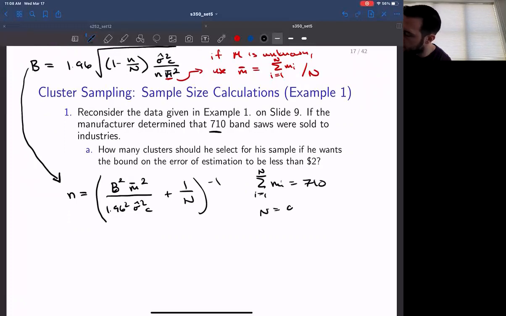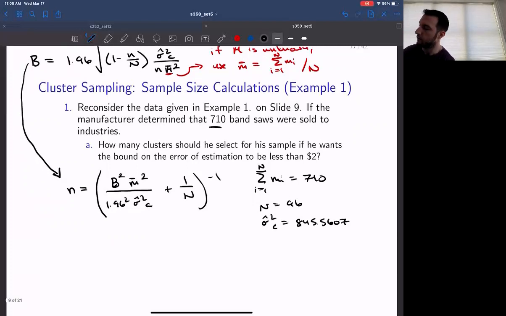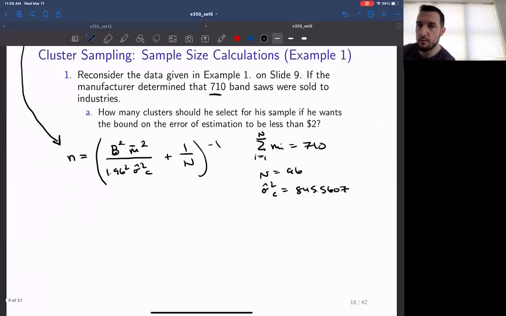We had N is equal to 96, and we had sigma hat C is equal to 845.5607. These two values are from the original illustration, Example 1.